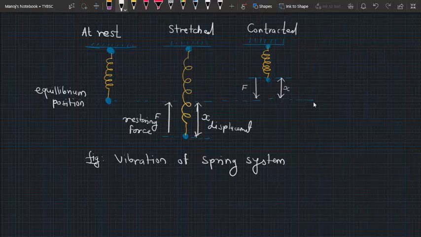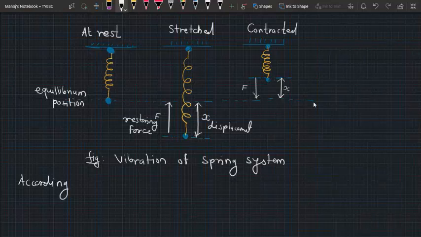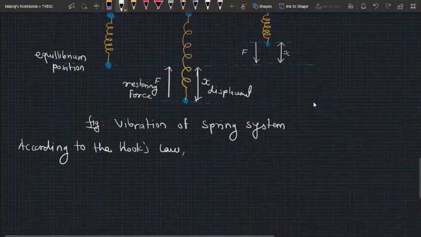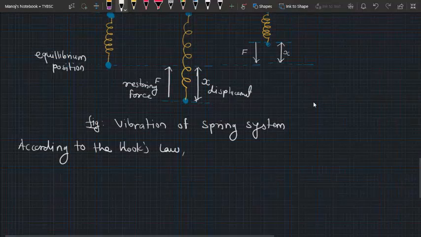Now, according to Hooke's law, okay, what does Hooke's law say? According to Hooke's law, the restoring force is proportional to the amount of displacement.